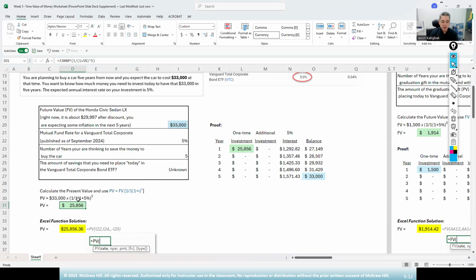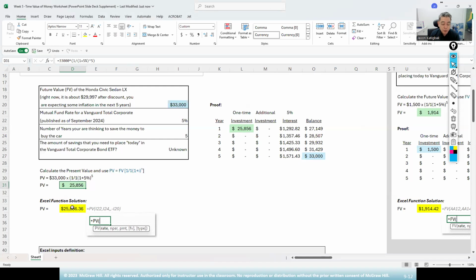This one is actually going to look like this if you do the math in Excel, typing it as a formula. If you want to do it the long-cut method, not by hand but by Excel, or you want to do it in a formula in Excel, it's going to be using an equals present value formula.